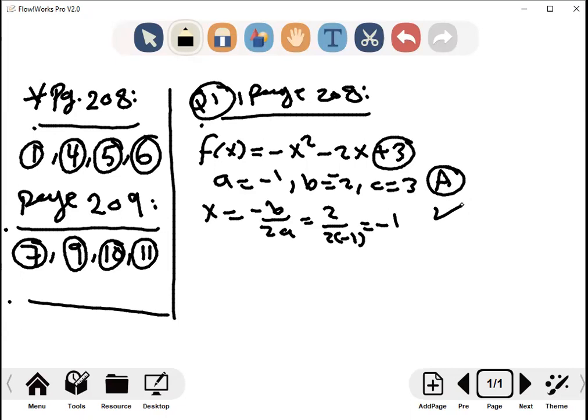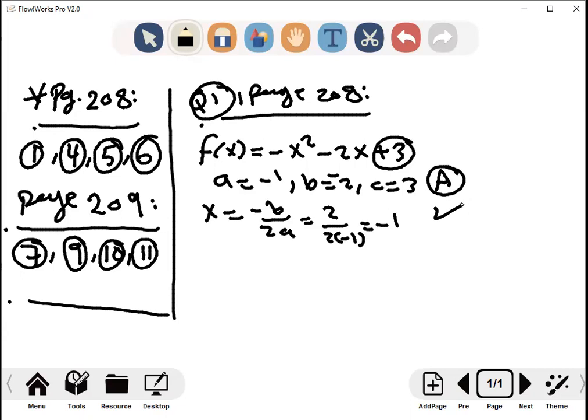Question 4. The graph of f of x equals x power 2 minus x minus 6 is shown in front of you, right? Find the solutions of this equation, x power 2 minus x minus 6 equals 0. What are the solutions?